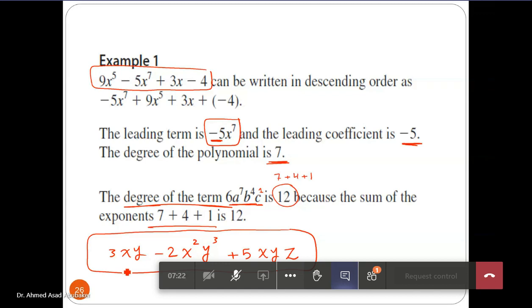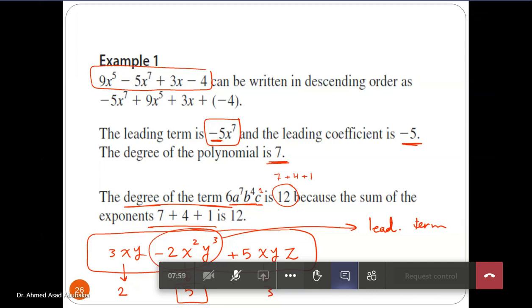Okay, so this term, what is its degree? The degree of this term is 2. Good. The degree of the second term is 5. Good. For the third term, 3. So which one has the largest degree? This one. So this is the leading term.